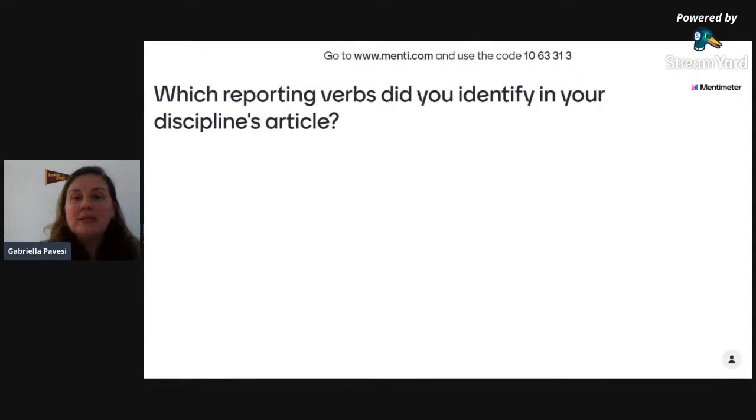You are going to add this code, 106331 and 3, and you are going to notice that a few entry boxes appear. You can choose to submit one verb at a time. There are going to be 4 boxes, but you can submit one, press enter, because you can do multiple submissions. Or you can wait, write all 4, and then submit. And if you find more in the time, you can submit them too. I'm going to give you between 3 and 5 minutes, and I would like you to read and report back to me on the reporting verbs that you find.